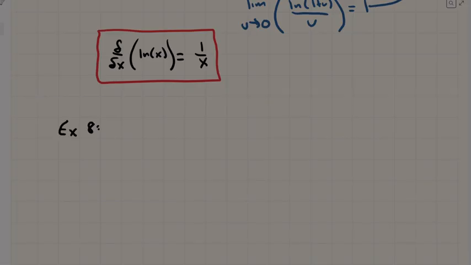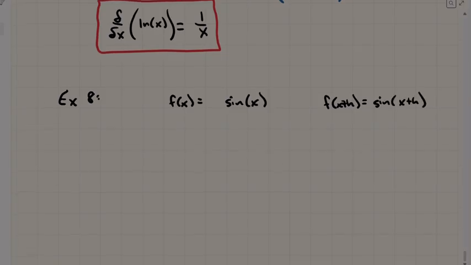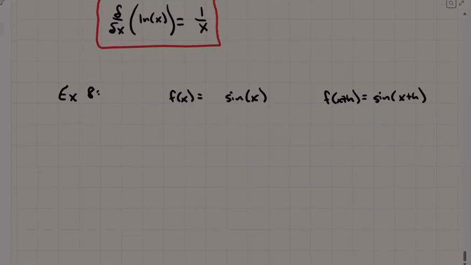So example 8. Let's do the same method using sine of x. All right, so we're going to find the derivative of sine of x. What is f of x plus h? Sine of x plus h. Okay.